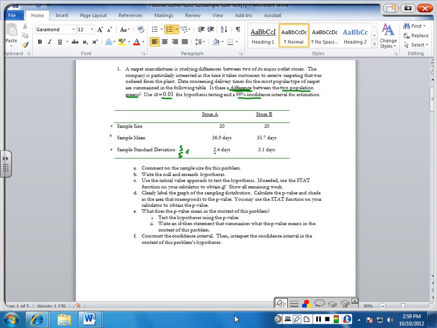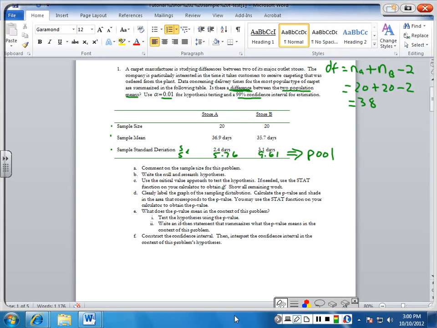And this is 5.76, just 2.4 squared, and 9.61. Since neither of those is more than twice the other, we will pool. And that tells us our degrees of freedom is going to equal NA plus NB minus 2. And that's 20 plus 20 minus 2, which is equal to 38.